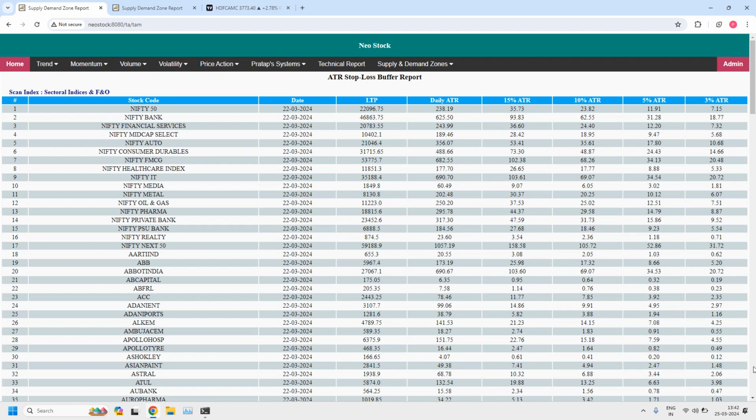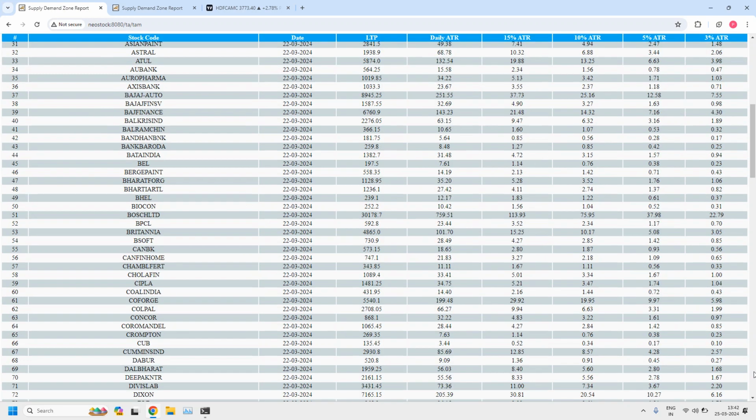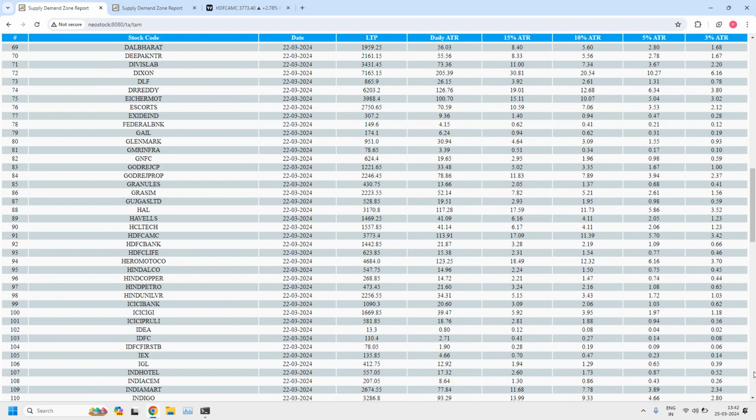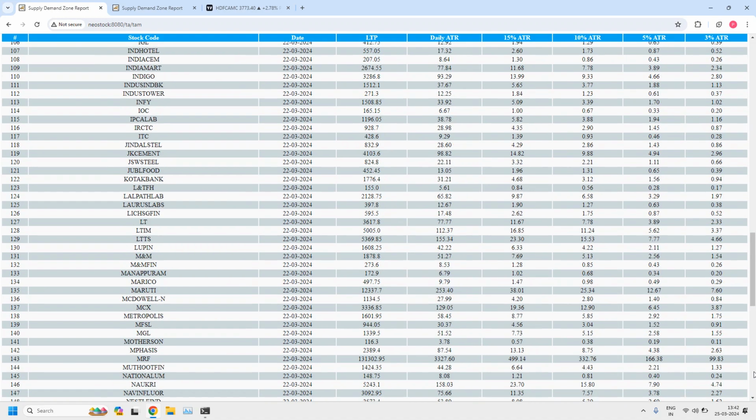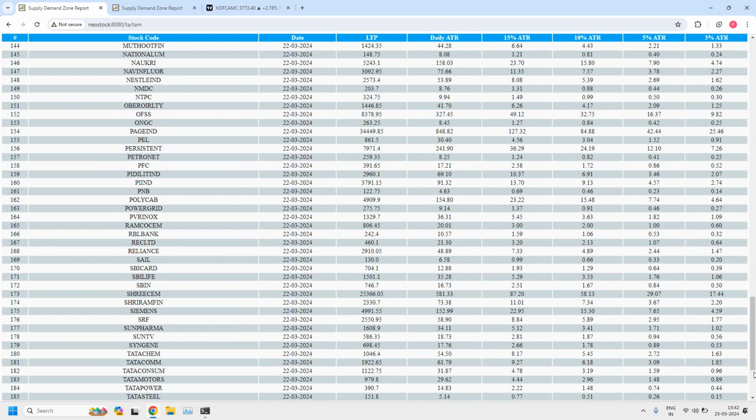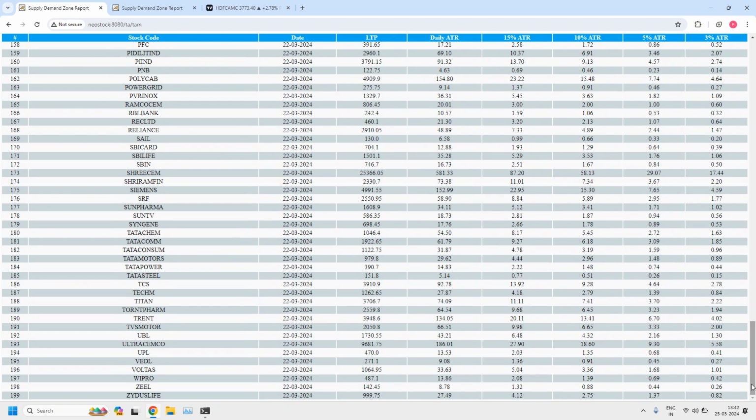After that, you can proceed further. So this is the complete list of stop buffers. Hope this information will be useful to you for your further study and analysis.